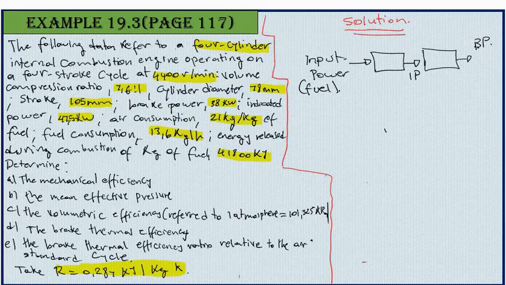Because they use a braking system to determine the value of the power on the shaft. It can be a pulley or something else. So the power which is converted into brake power is the indicated power, not the input.